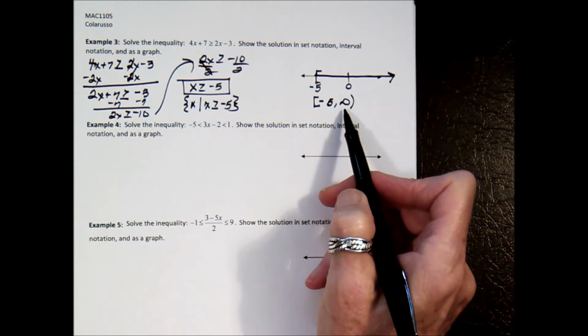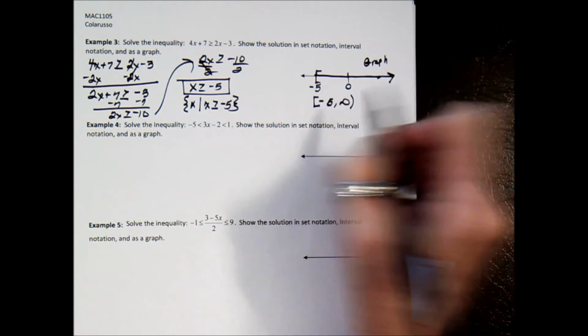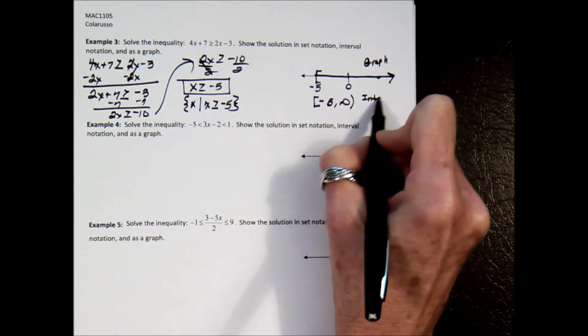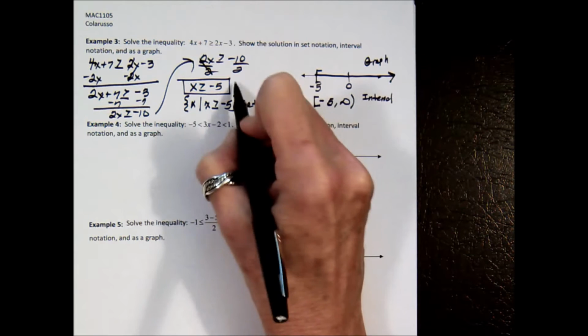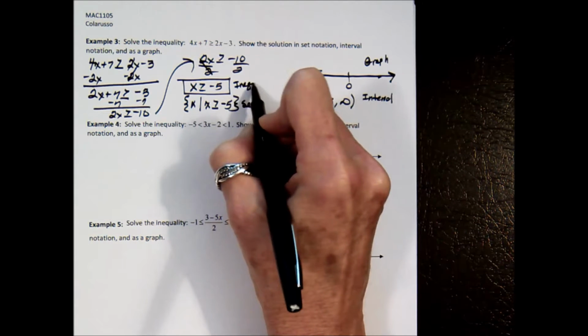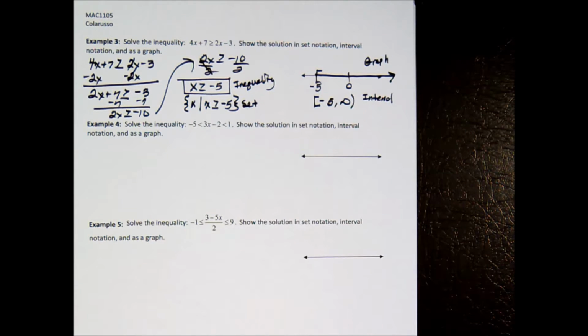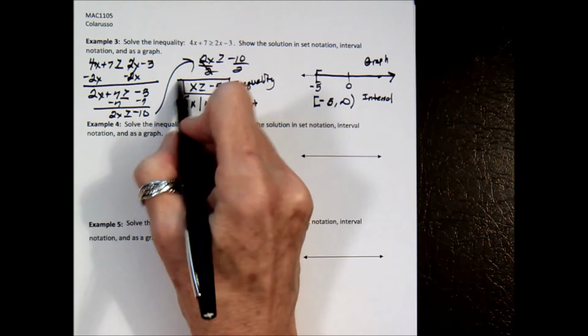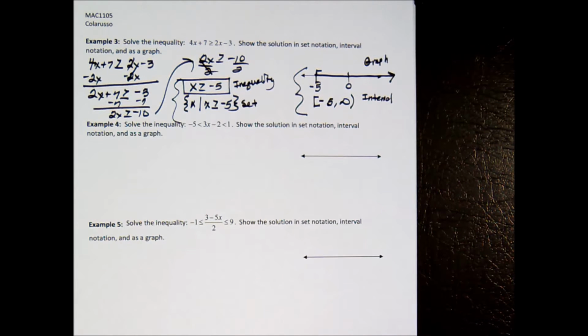So here I've got it as a graph. Here I have it as an interval. Here I have it in set notation, and here I have it as an inequality. So I've got it in all four formats. Remembering that these two are related and these two are related makes it a little bit easier.